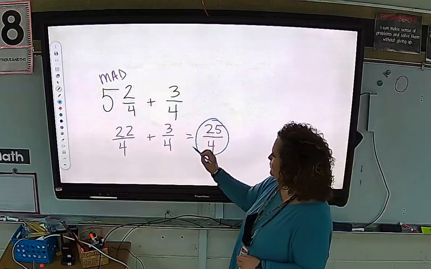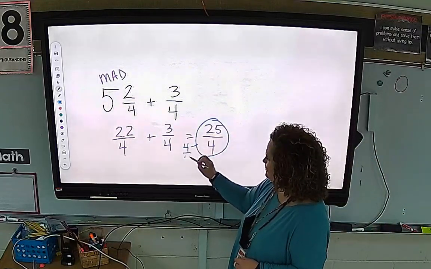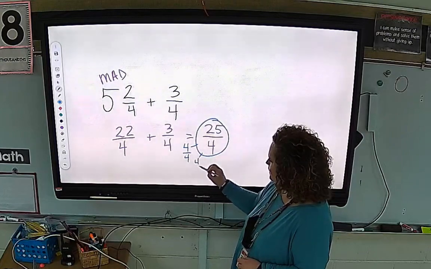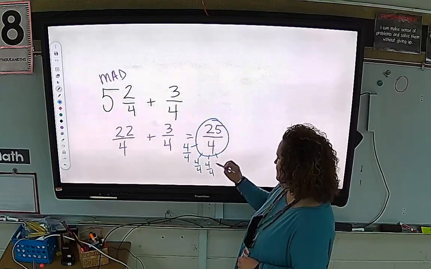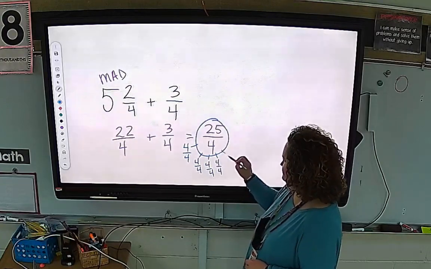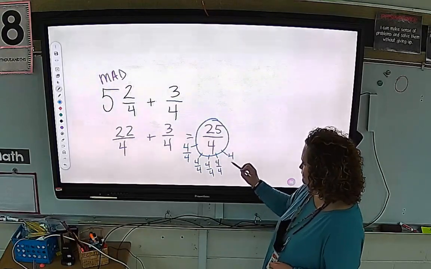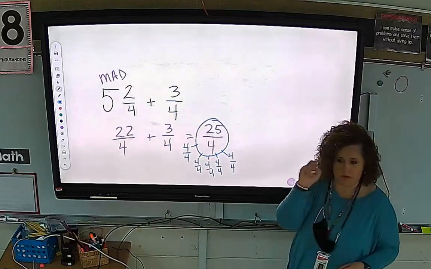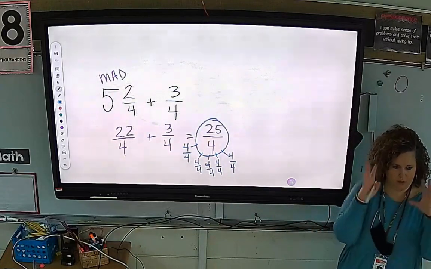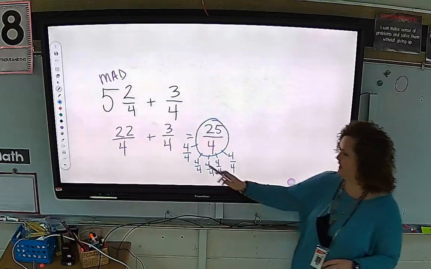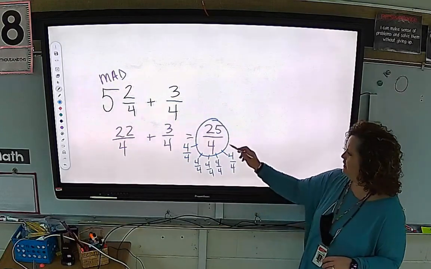How many times can we pull 4/4 out of here? You might have written 24/4, done it all together. That's okay if you did that. 1, 2, 3, 4, 5.